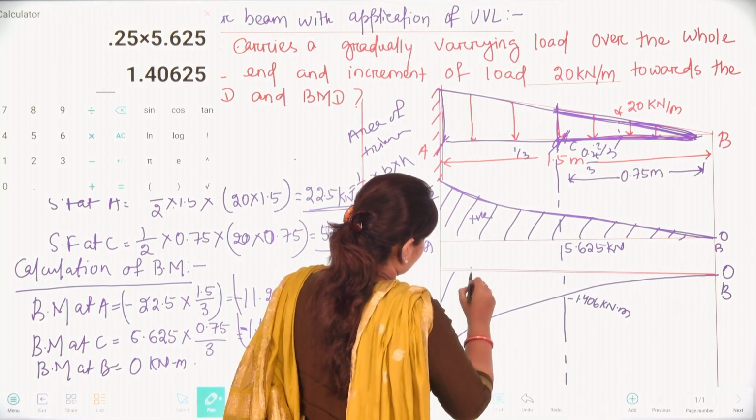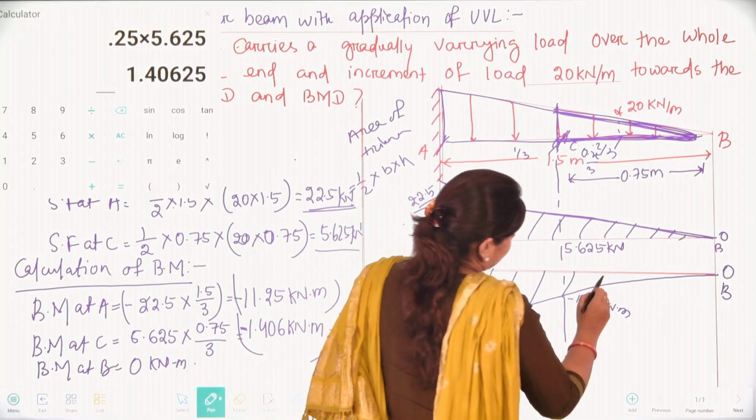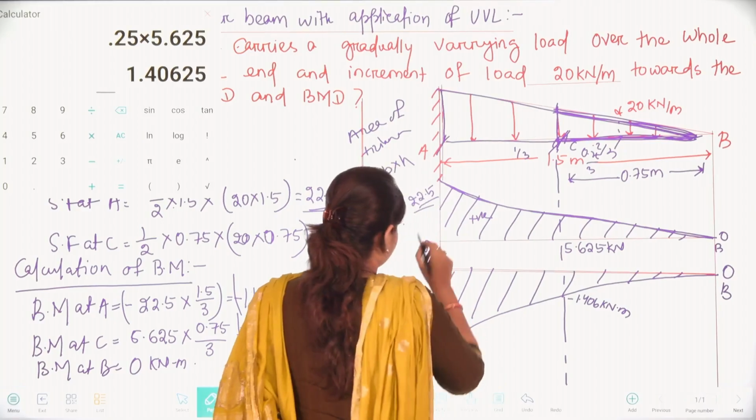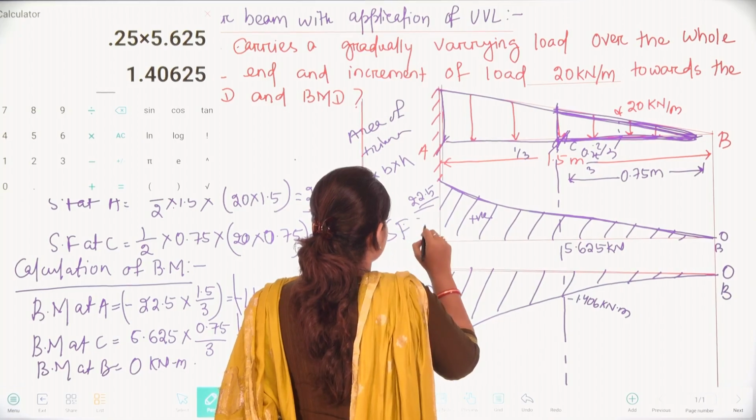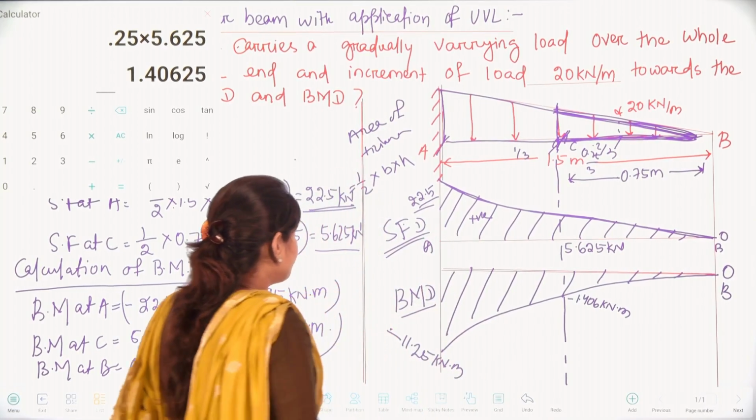So here you have the negative bending moment diagram. This is your SFD and here you have the BMD.